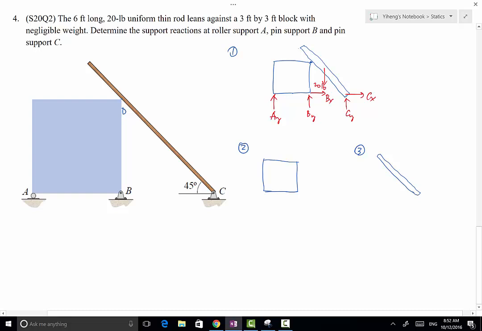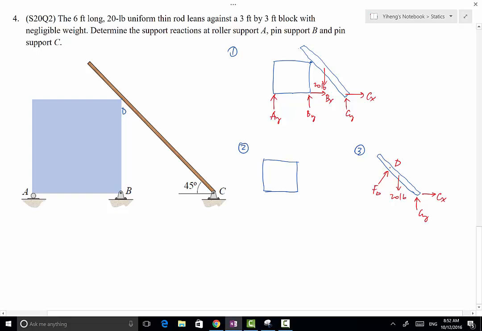So for the rod, we have CX and CY. Again, let me use red to indicate unknown. We have the 20-pound force. And then at point D, because this is contact support, the force is perpendicular to the rod.